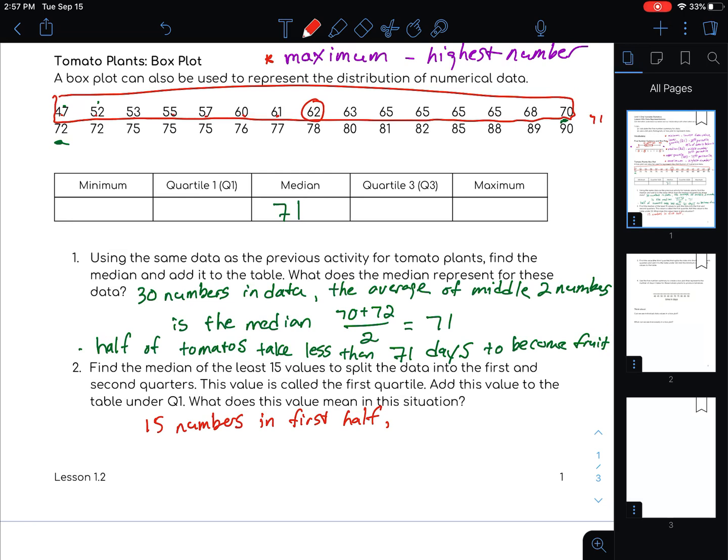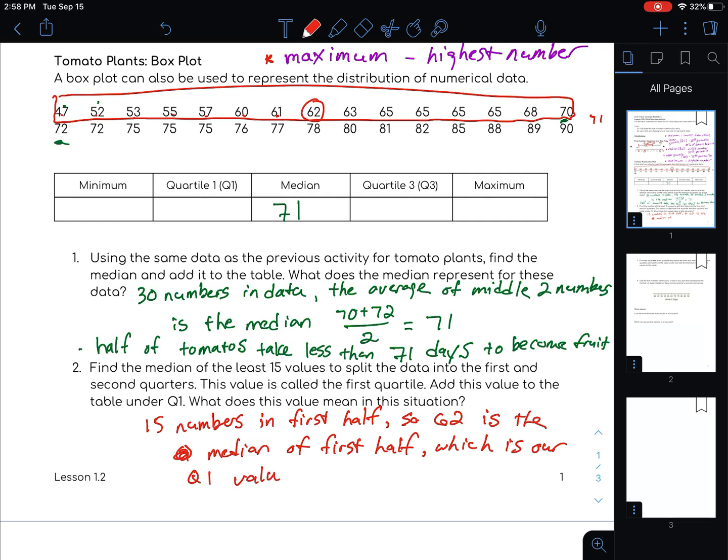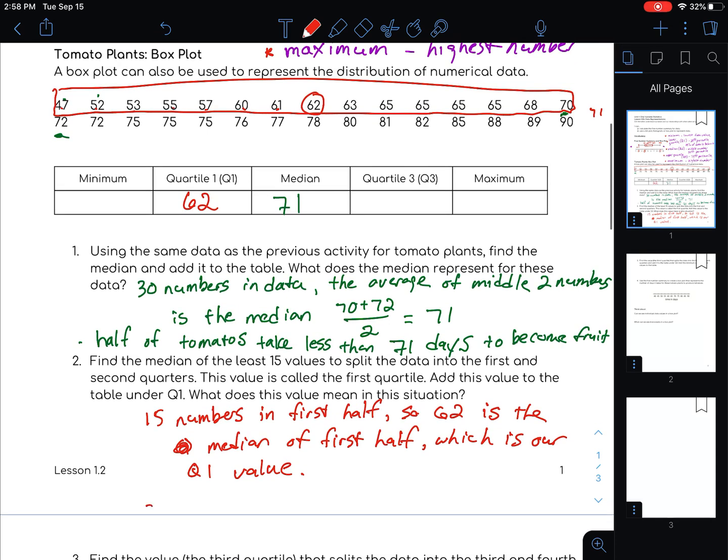Here's the exact middle of that first half, the median of the first half. So 62 is the median of the first half, which is our Q1 value. Okay, so 62 is our Q1 value.